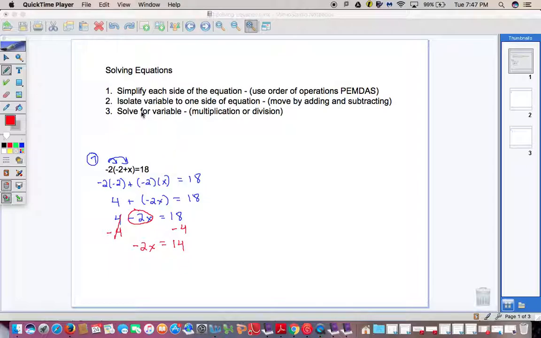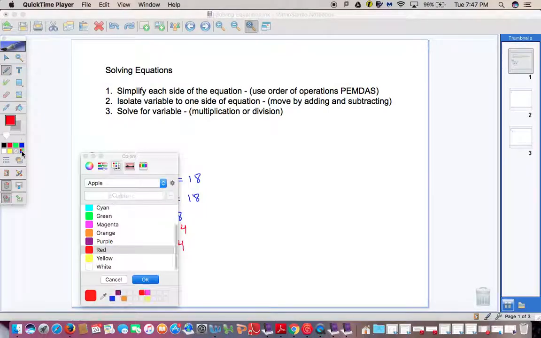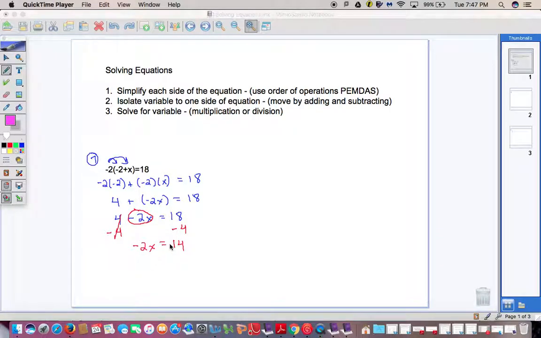So now step 3, I need to solve for my variable. So to solve for my variable, I am going to either multiply or divide. I need to see what I'm currently doing. So I have -2 times x equals 14. So if I want to determine what x is, I have to divide both sides by my numerical coefficient of x.